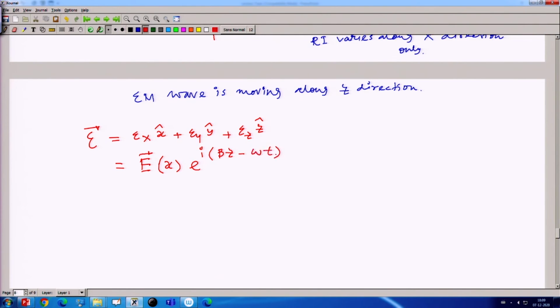So, I write an electric field in this form. So, this is the field distribution along the x direction.